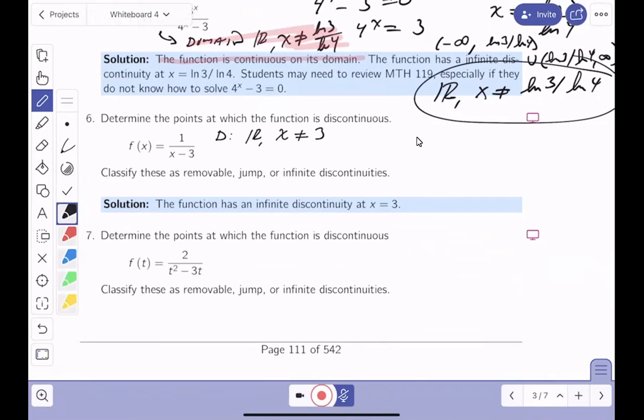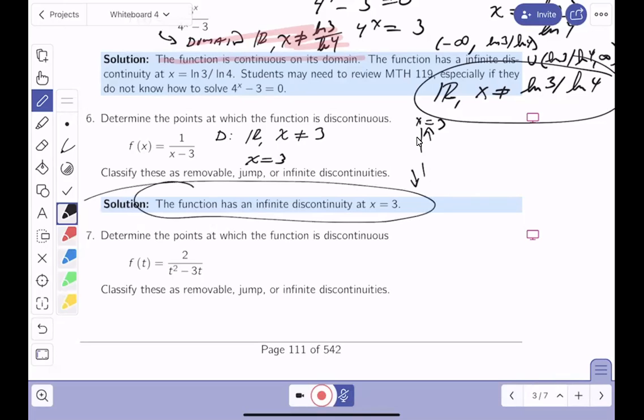And what you should know is there's an asymptote, and that asymptote would be x equals 3. And what do you know? To the right of 3, the function would go to plus infinity. And you learn this in Math 119, and this would be going to minus infinity. So what kind of discontinuity? It's infinite, right? It says x equals 3, infinite discontinuity.